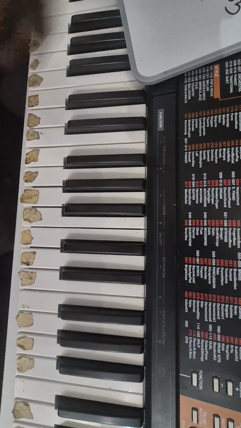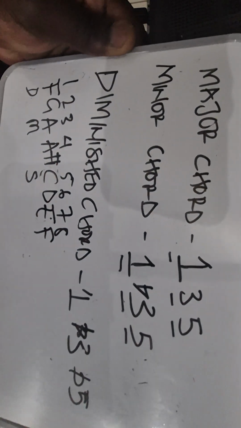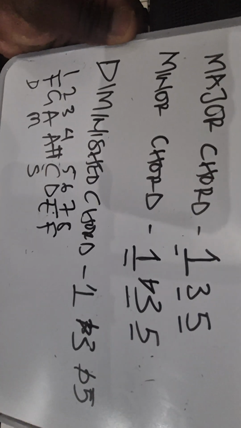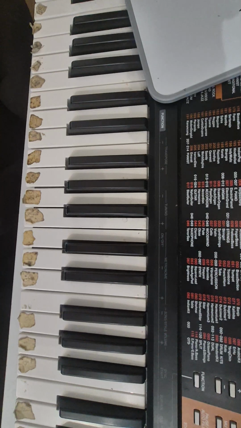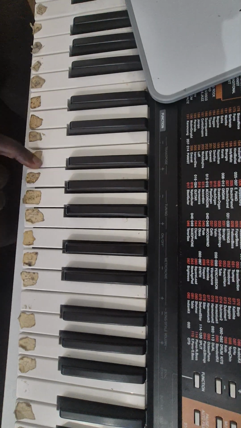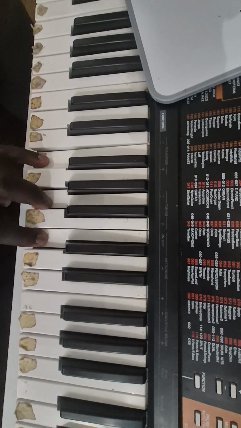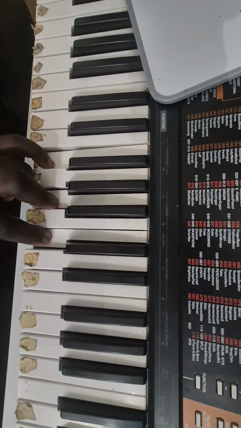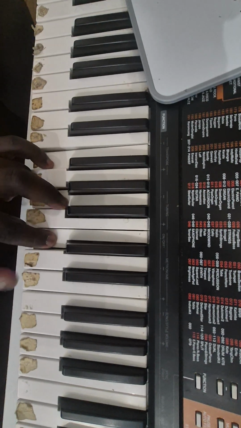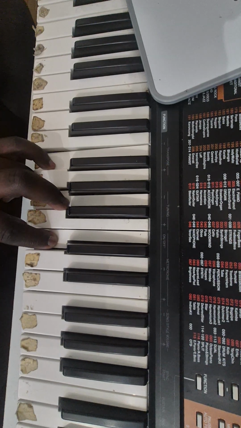Now, going back to our board, we said that if we want to form a minor, what we need to do is 1, flat 3, and 5. So still in the key of F, this is our 1, 3 and 5. What I always say is just play the major and then form the minor and the diminished from the major. So all we need to do is flat the 3. When we say flat, what we want to do is move a semitone backwards.